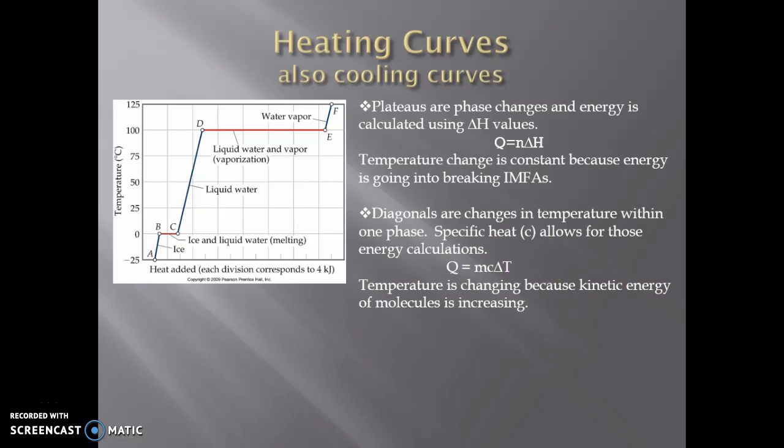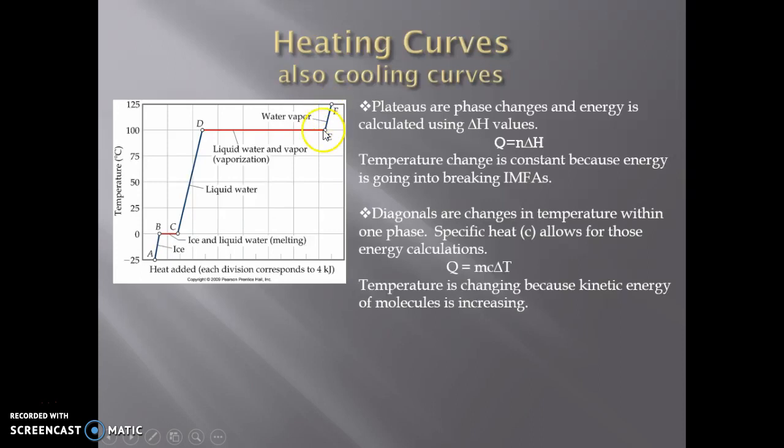So temperature is changing because the kinetic energy of the molecules is increasing. So the molecules are, if you remember, vibrating, rotating, and so forth more as you increase the temperature. Those vibrations eventually come to a head where we start breaking some of the attractive forces. Once we've got it into that liquid state, once again, we're going to cause the molecules to vibrate more and more and rotate and twist and all that kind of stuff until we've got so much rotation that we start breaking the rest of the attractions between the molecules.